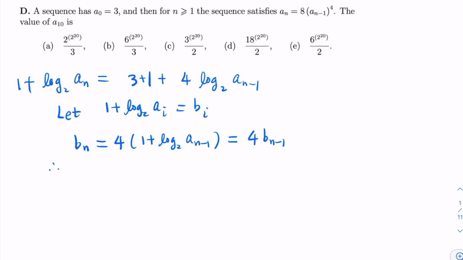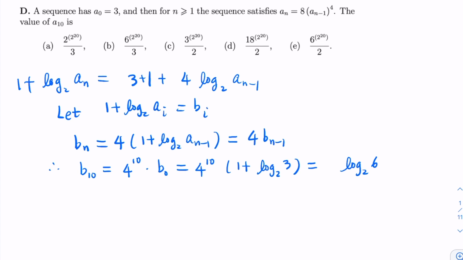So this is a geometric sequence. Maybe easier to make the argument that b10 is going to equal 4 to the tenth power times b0. What is b0? b0 is, by definition, 1 plus log 2 of 3. Using the property of the logarithm, this further equals log 2 of 6.